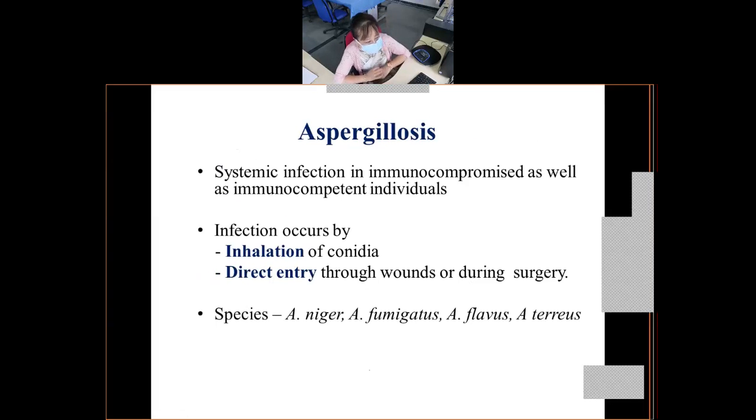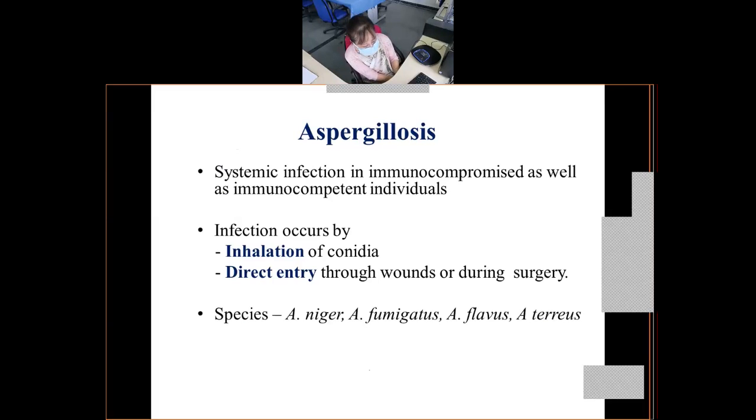Coming to aspergillosis. Now this again can cause systemic infections in both immunocompromised as well as immunocompetent individuals. And again here, because this is a mold, when you talk about molds, you know that they can exist as spores. So the infection is usually acquired by inhalation of the conidia.